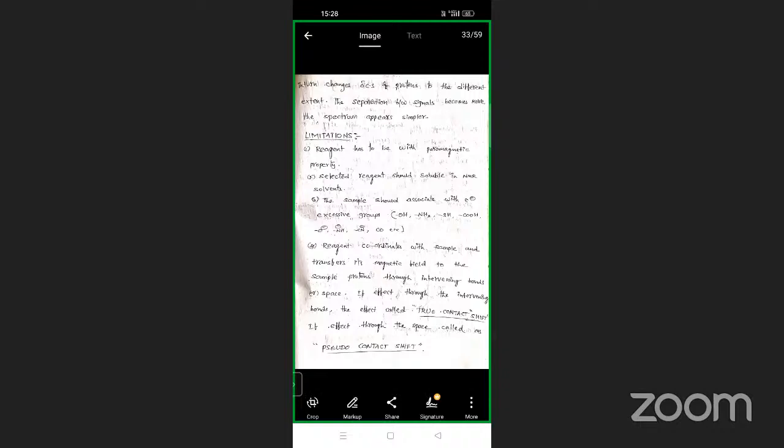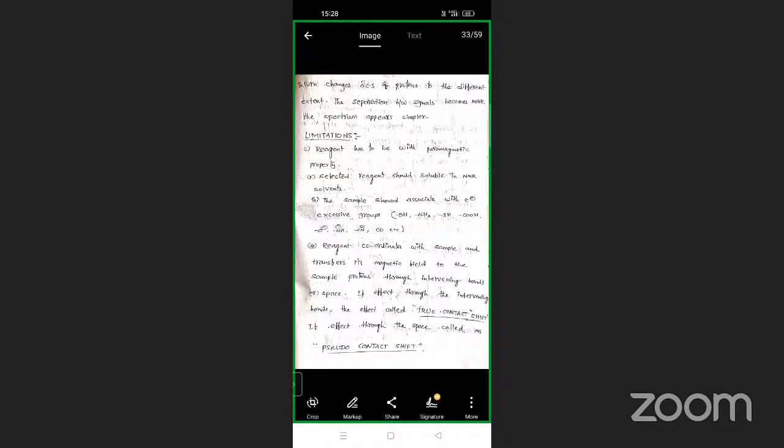These reagents must be soluble in the NMR solvents, because only if they are soluble will they interact with the compounds here. Then it will transfer its precession frequency to your compound. If it is insoluble, then it doesn't transfer the precession frequency. So the compound must be soluble in the NMR solvents.